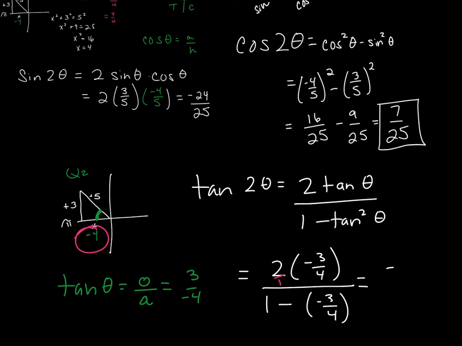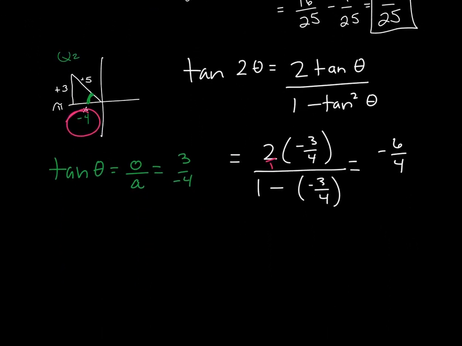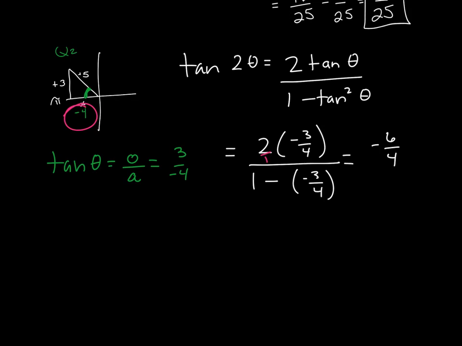This 2 is understood to be over 1, so that's going to be negative 6 over 4, all divided by 1. I forgot to put that squared there, so that's going to be 1 minus, that becomes 9 over 16.